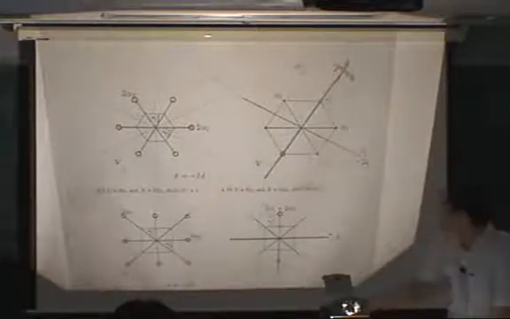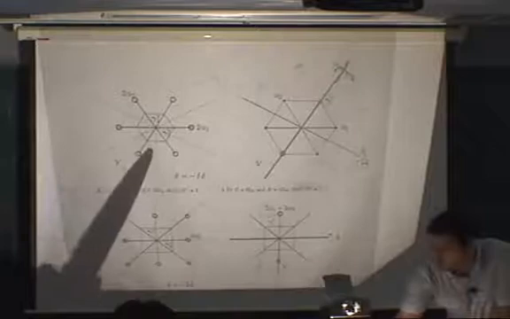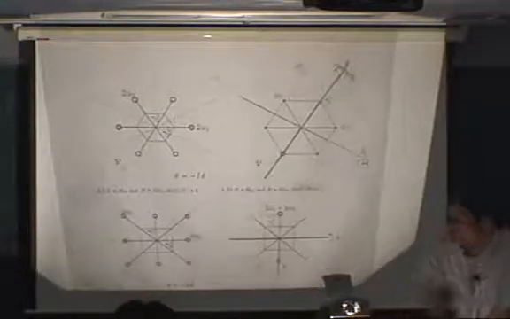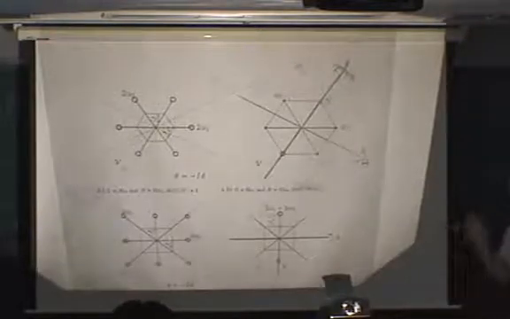The first one is for G equals SL3. So we have the hexagon here, which corresponds to the root system of SL3.